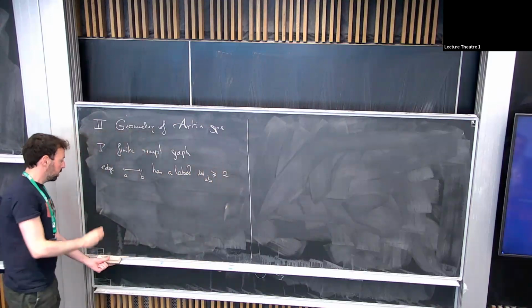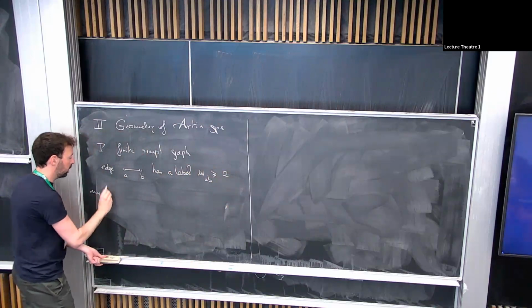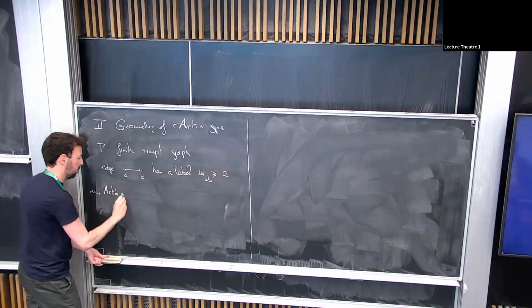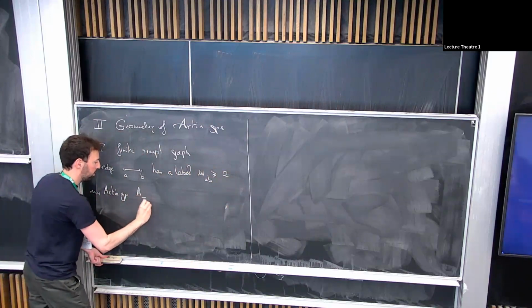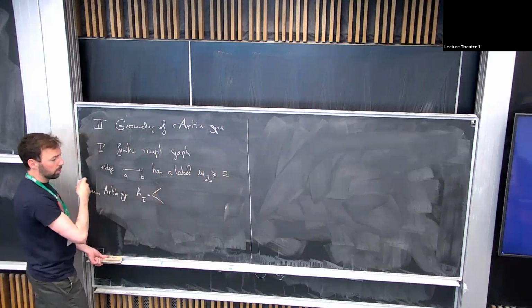And from this data, I can define the Artin group A_gamma, which is given by generators and relations.